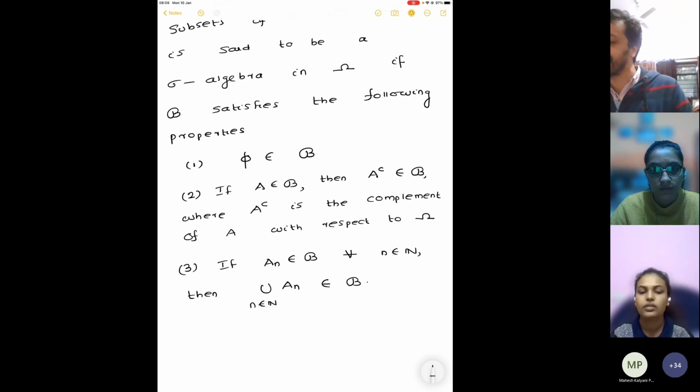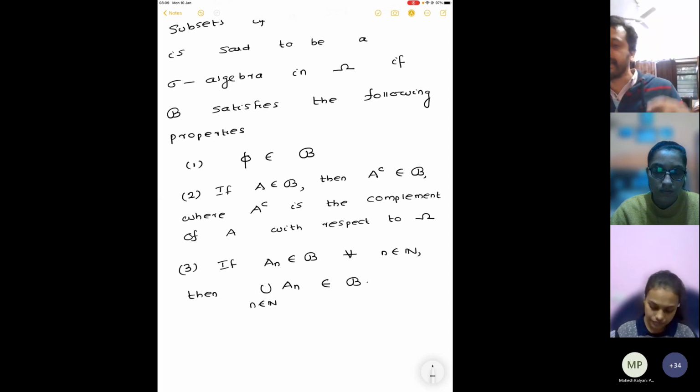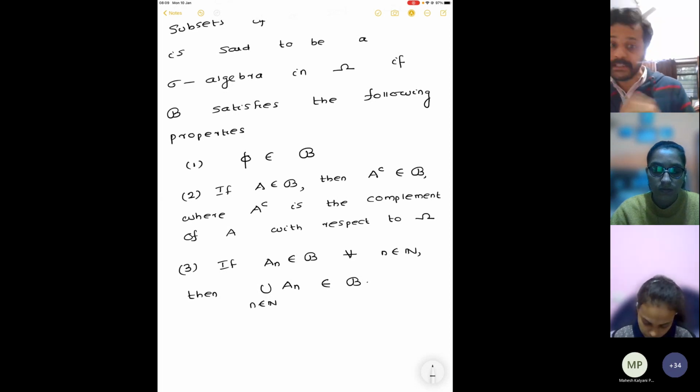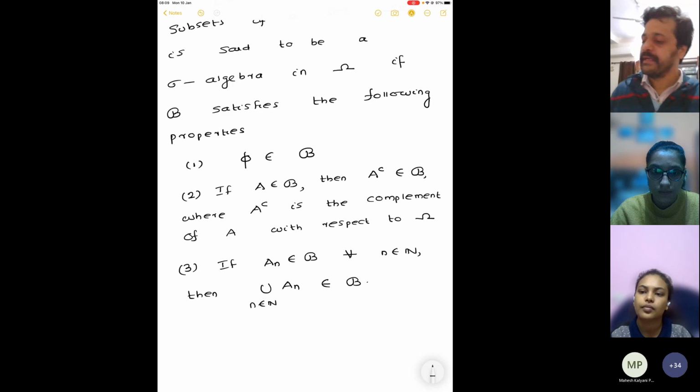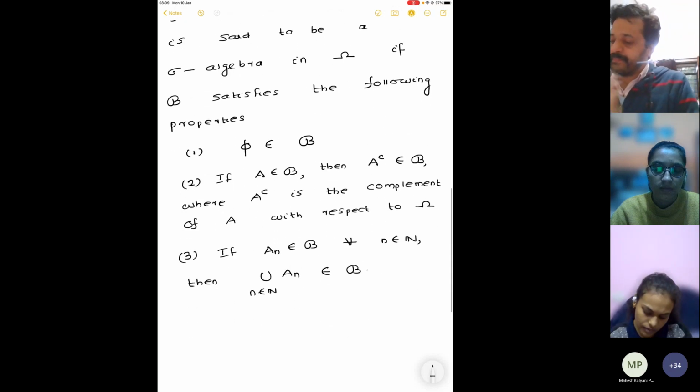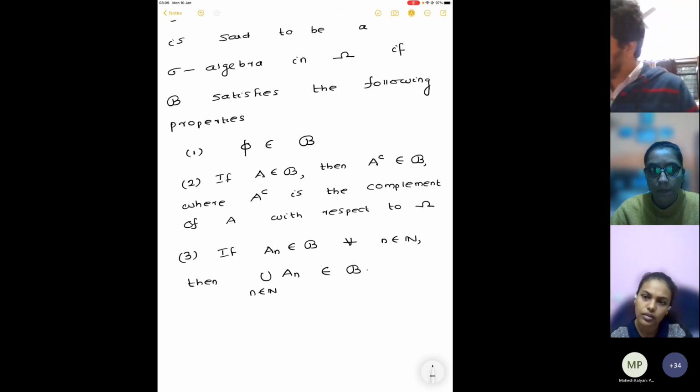Once the null set is in B, due to 2, you can see that omega is in B. Therefore, the null set and the full set are in B. So, in short, B is closed under almost all set theoretic operations, countably many times. The difference of two sets will be in B whenever the two sets are in B, and so on. So this was the definition we made.